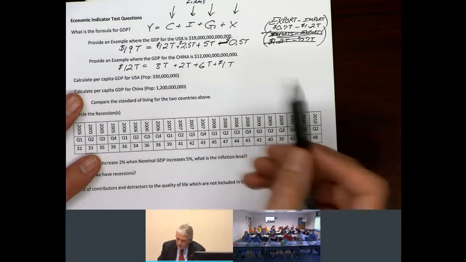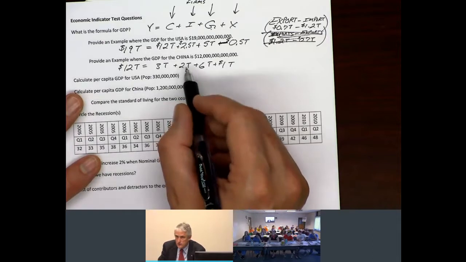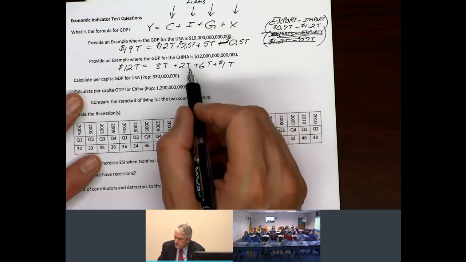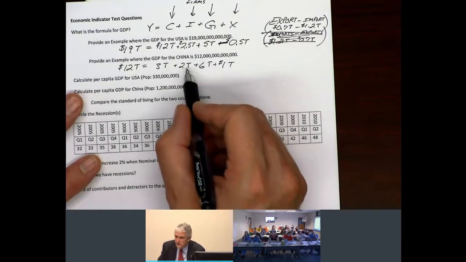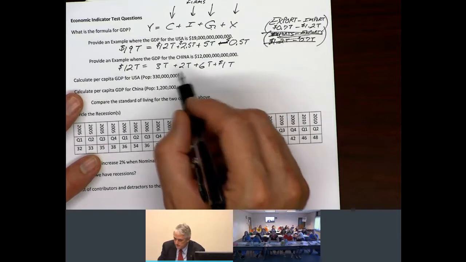In reality, the investment on the part of the Chinese firms is very low. It's very hard to differentiate between government spending and investment in China because of the nature of government ownership of the factors of production, because it's a communist country.